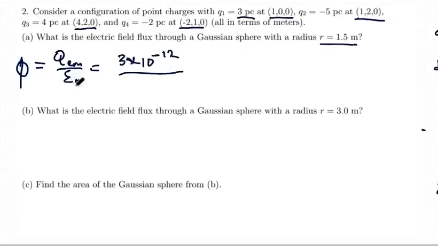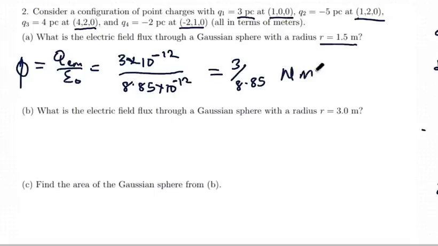Epsilon naught is a constant, which is 8.85 times 10 to the power minus 12. So this will be equal to 3 divided by 8.85 Newton meter squared per coulomb.